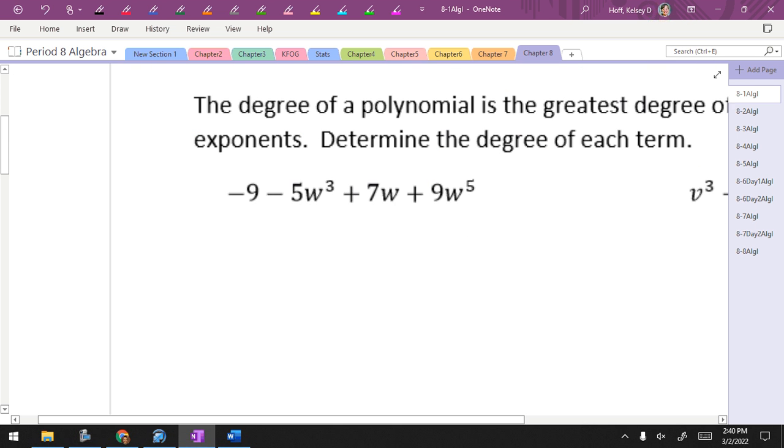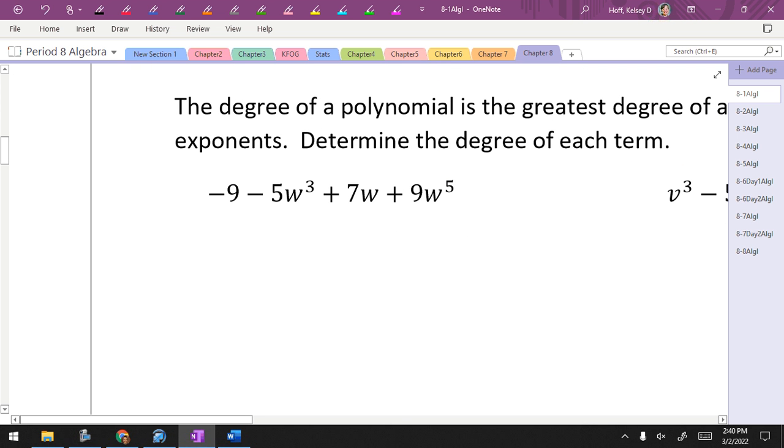So if we take our first polynomial, you're adding the exponents of every term. The term is -9. What is its degree? 0. It does not have a variable. So that has a 0 exponent. -5w cubed. Degree? 3. The exponent is 3.